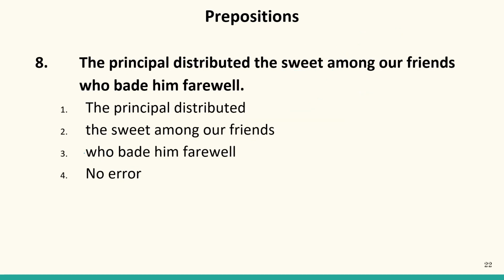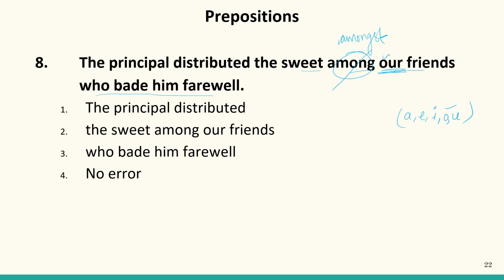Now the next sentence: the principal distributed the sweet among our 4 friends who bade him farewell. Now again, here we can see that among is followed by our, which is starting with a vowel. O is a vowel. We say vowels are A, E, I, O, U. And here the word our is beginning with O, which is a vowel. So before a vowel, we have to use amongst. So among should be replaced with amongst.